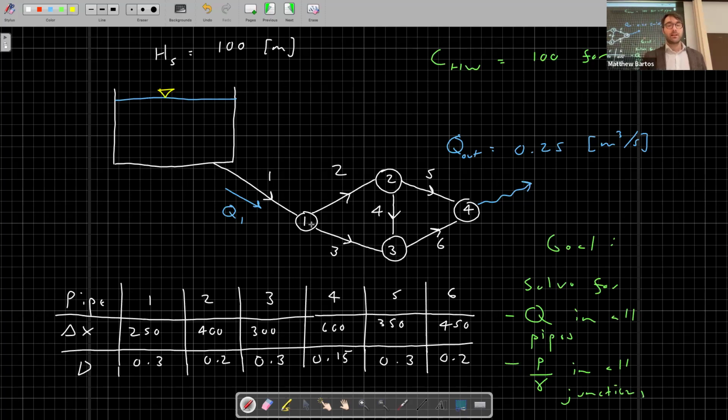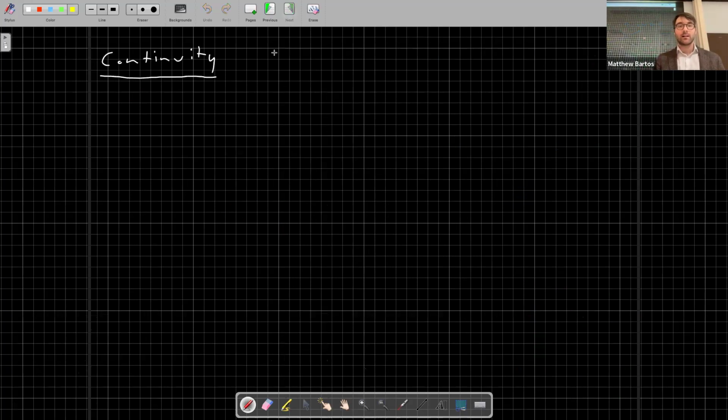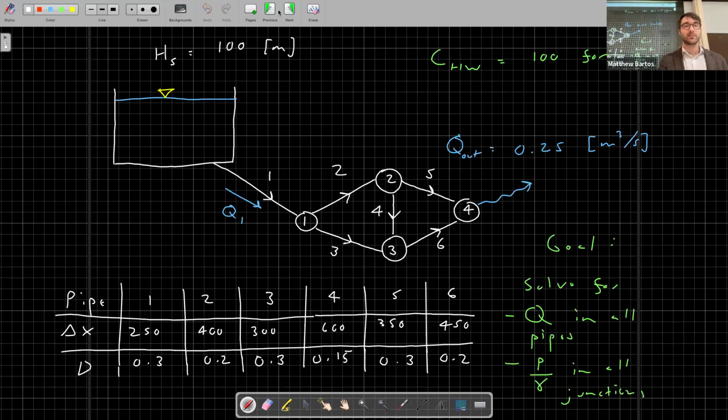Let's go ahead and apply continuity around junction 1. So for junction 1, how can we write the continuity equation based on this drawing here? Very good. So we see that Q1 is going into the node, Q2 and Q3 are going out.